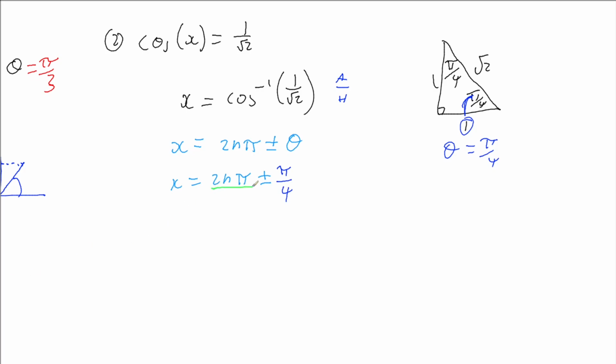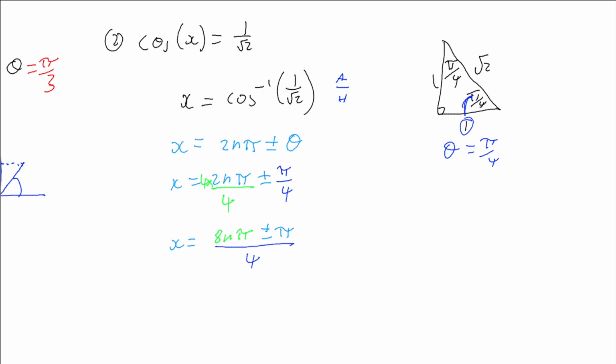If I want them to be both over a denominator of 4, I've got to times the top of this one by 4. And so that's going to give us x to be, well, on our numerator I've got 4 times 2, which is 8n pi, and left over we've got plus or minus just pi. And then of course we have over 4 still there.